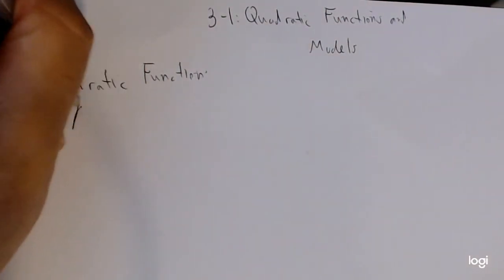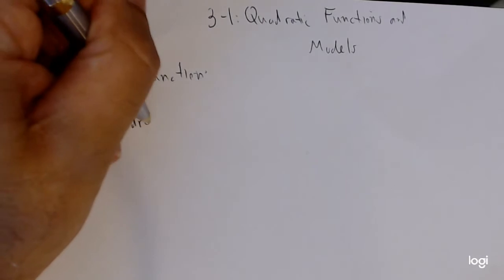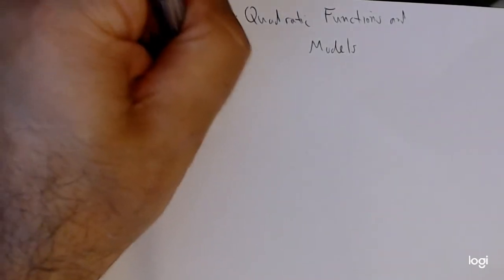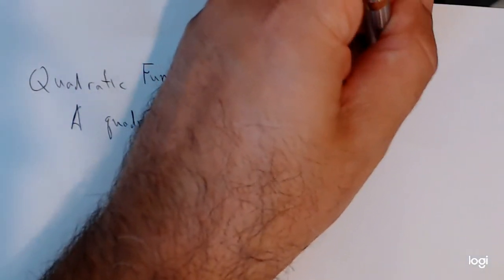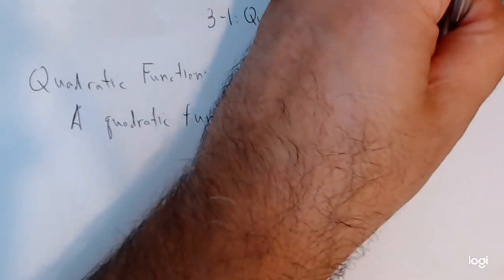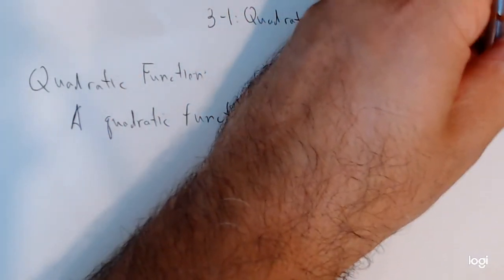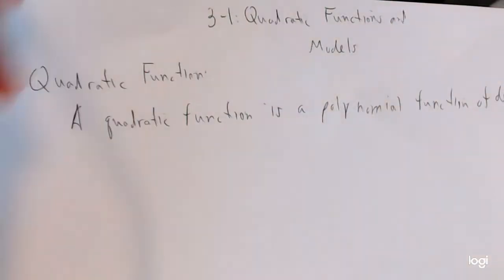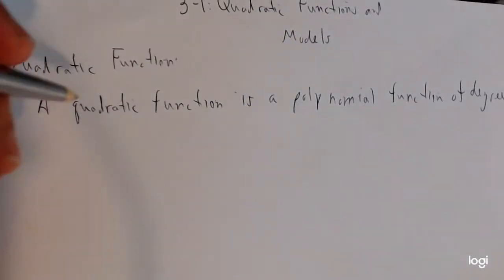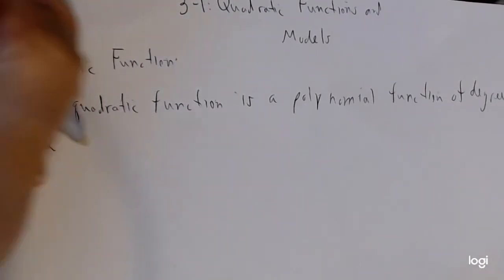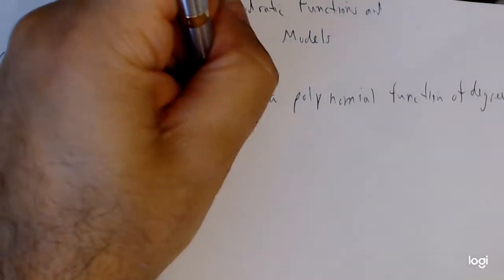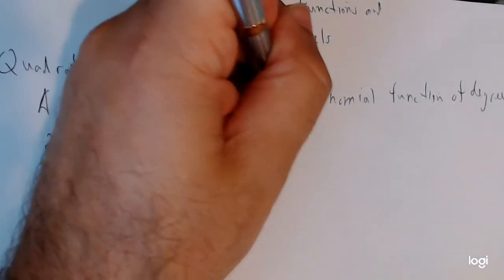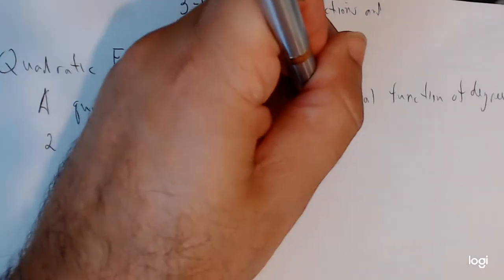So we're going to basically say a quadratic function is a polynomial function of degree 2 of the form f(x) = ax² + bx + c.